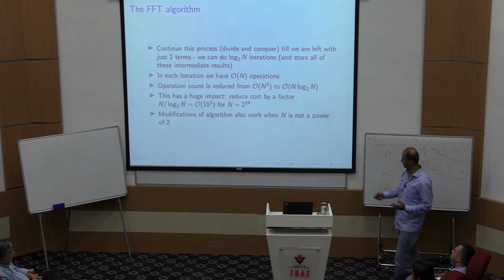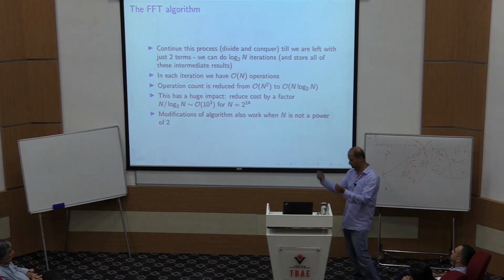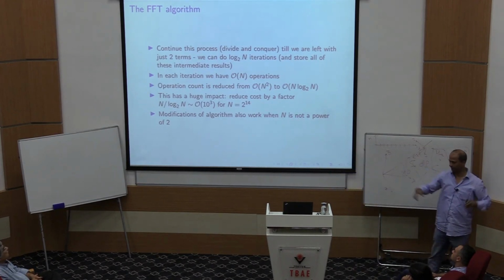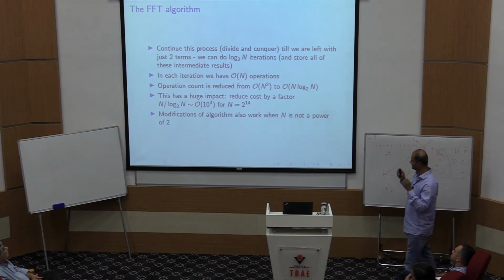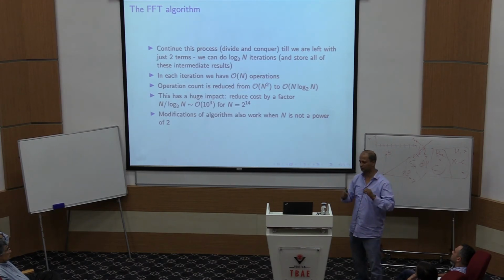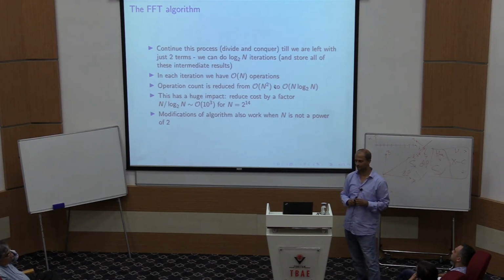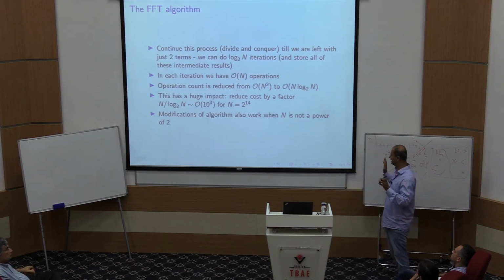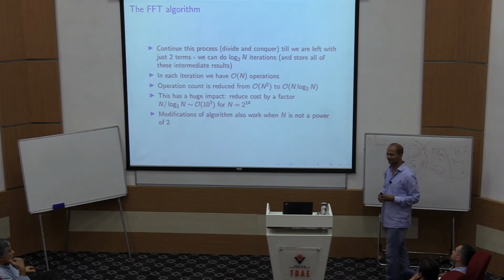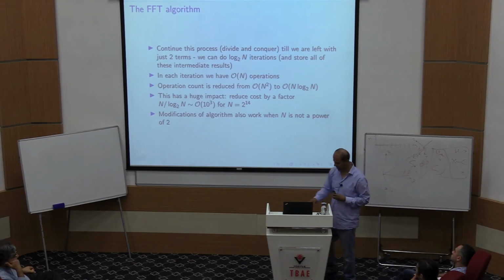There are extensions of this algorithm which also work when n is not a power of 2, by suitably breaking down the problem into smaller pieces. But the point is that you reduce the order from n squared to n log n, and this is huge. It's not an exaggeration. This really is the most important numerical algorithm I think ever invented in signal processing.